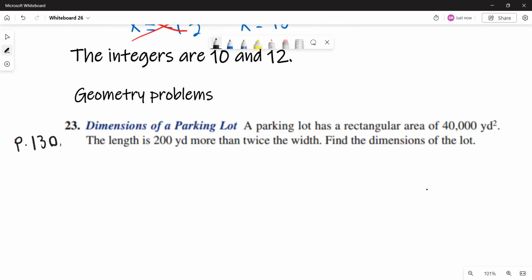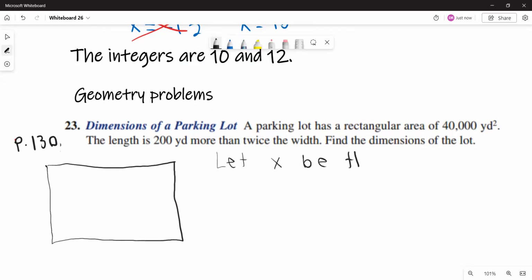We're going to use the area of a rectangle. We know from the information that the length is 200 more than twice the width. So let x be the width. And to find the dimensions, we're going to find the length and the width. So if x is the width, the length is 200 yards more than twice the width. So that's going to be x plus 200.